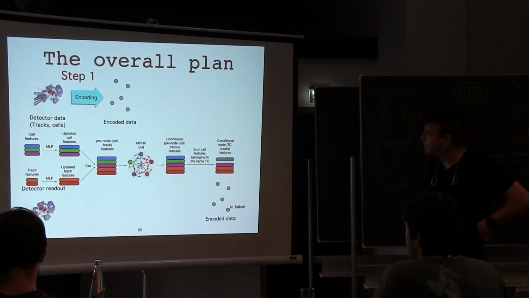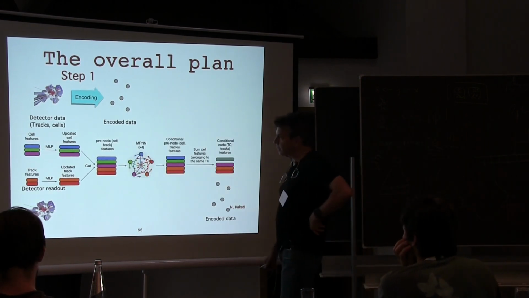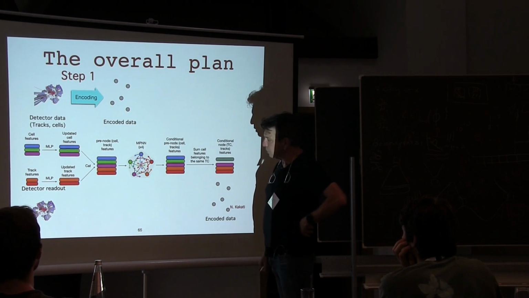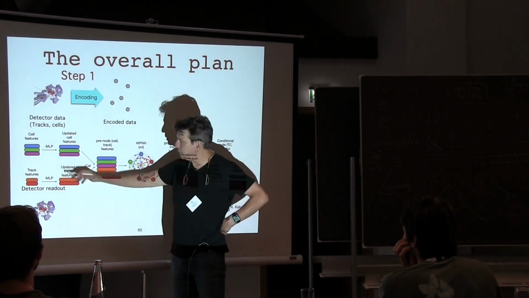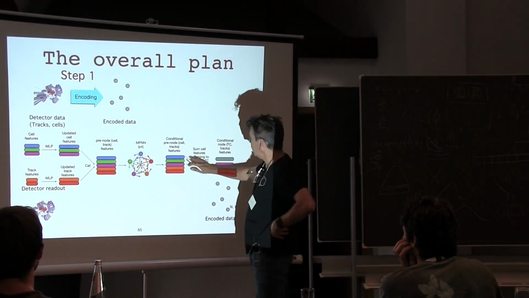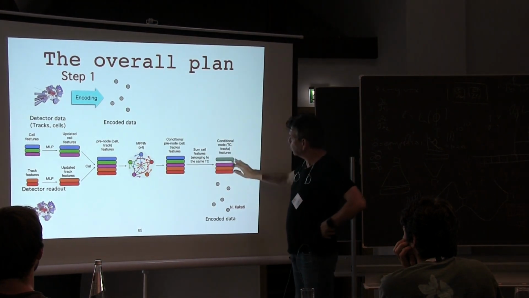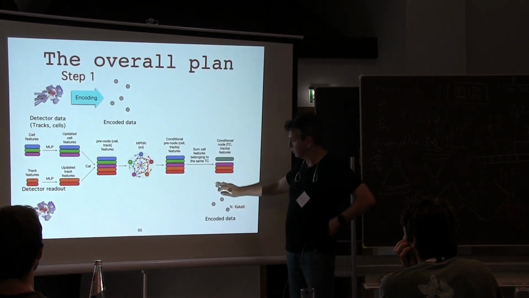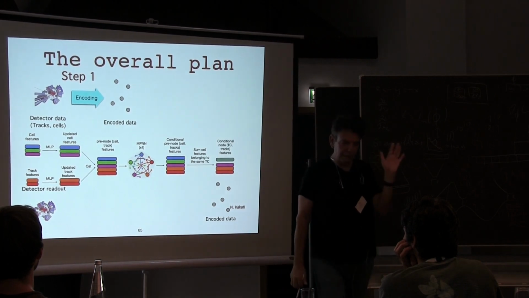So step one, encoding. Sorry, I don't have to repeat it again. Cell feature, track feature, and so on. I get the topoclusters and the tracks. Embedded.